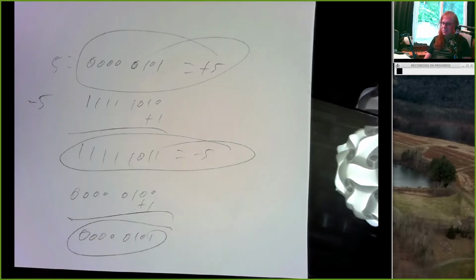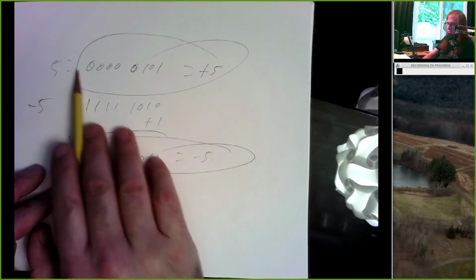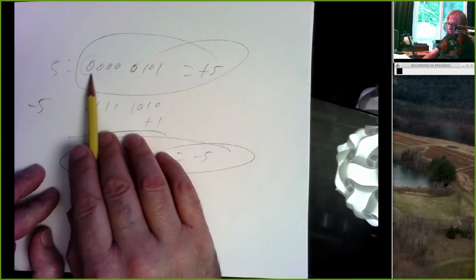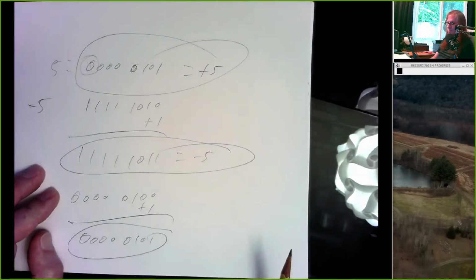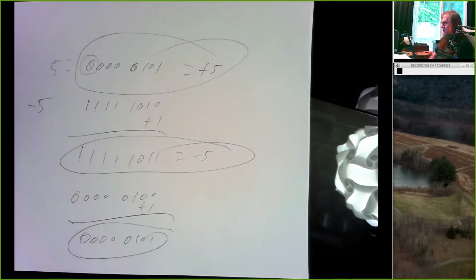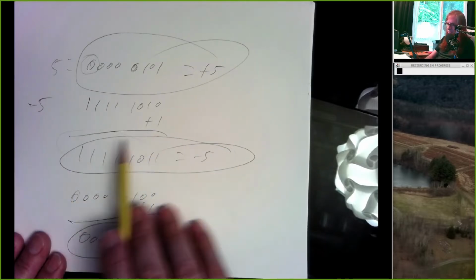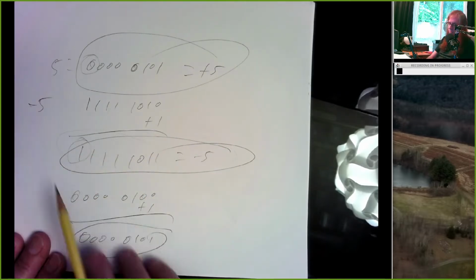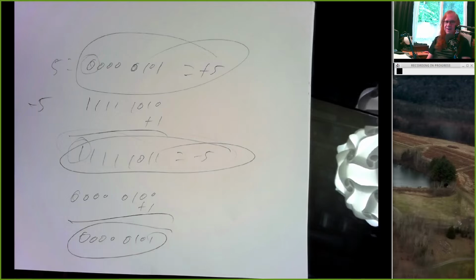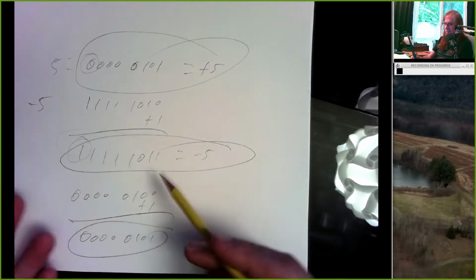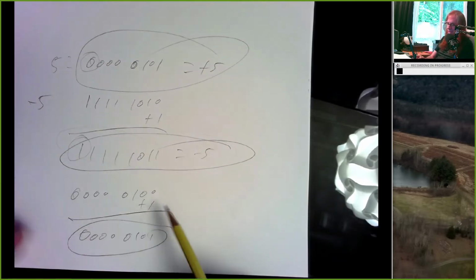And the procedure is simply, if you have a positive number, which you know because this most significant bit is a 0, and you want to change it to a negative, toggle all the bits, add 1. And if you have a number which is negative, which you know because this first bit is a 1, and you want to find what its value is, well, you can take the complement of all the bits, add 1.